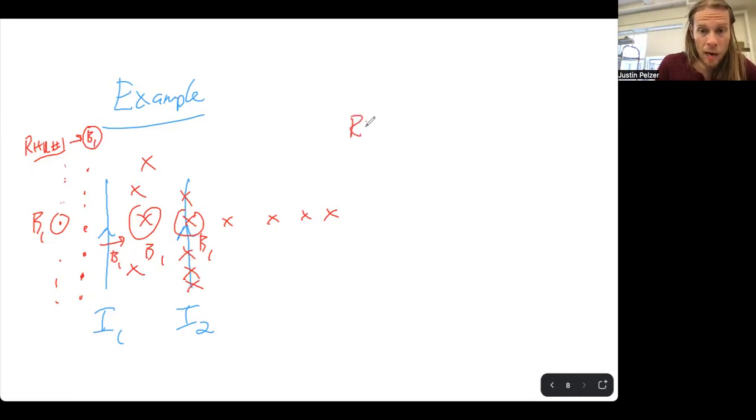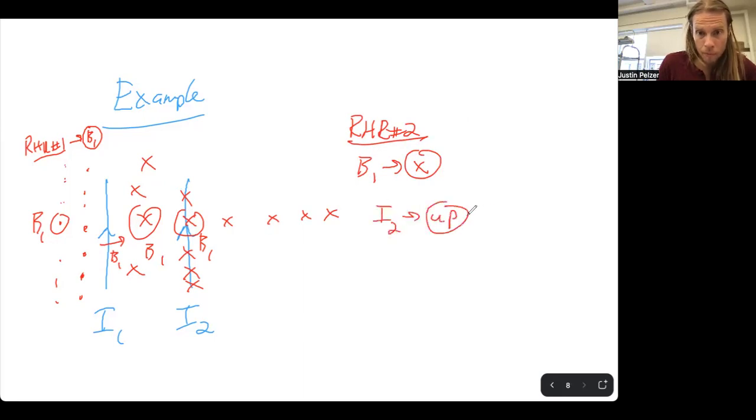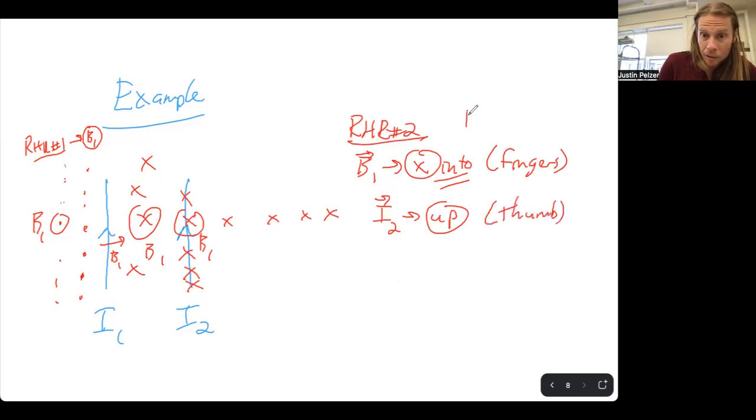Reset. Right-hand rule number 2, do I know B1? B1 is X's. Write this down like this. I'm not kidding, guys. I2 is up. Right? It's into. B1 is into, I2 is up. So what is FB? Well, my fingers point into. My thumb points up with a flat hand.